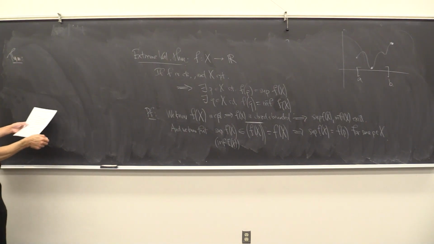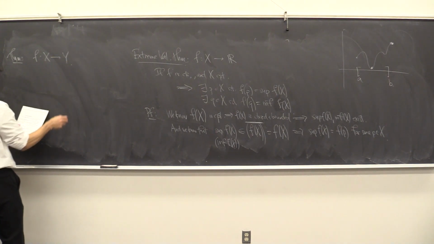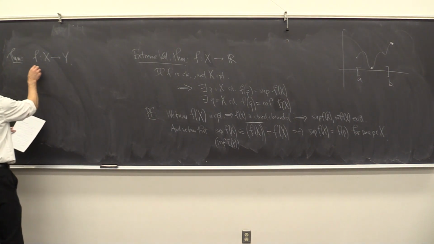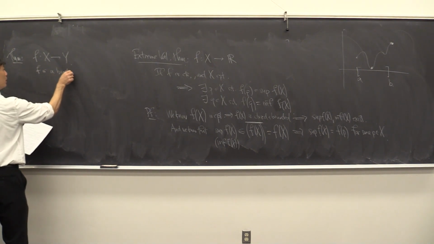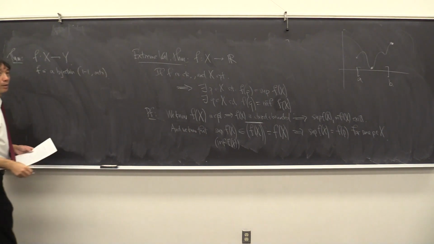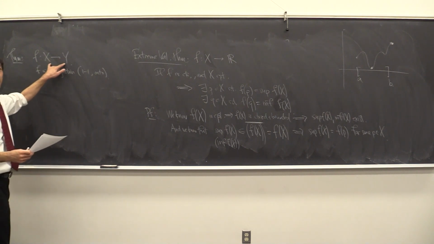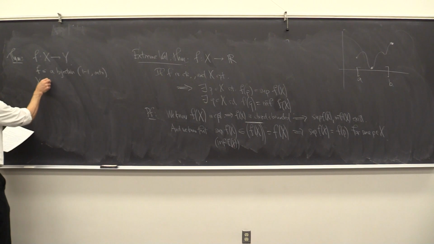So here's the theorem. You have a function f going from one metric space to another, and f is a bijection, that is, it's one-to-one and onto. So you have a bijection from X to Y, and X is compact.